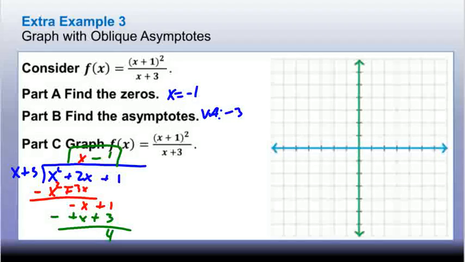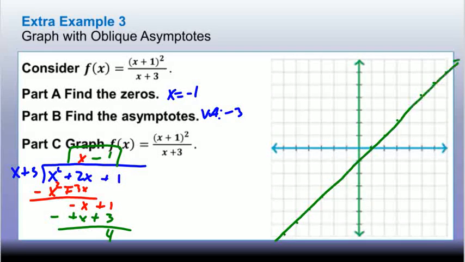So I need to graph x minus 1. So I'm going to put a point here, up 1 over 1, so that'll be like this. So here's my oblique asymptote. My vertical asymptote is at -3.